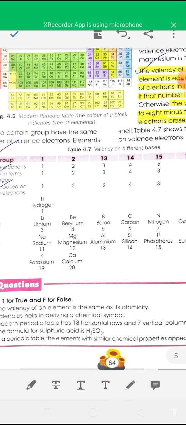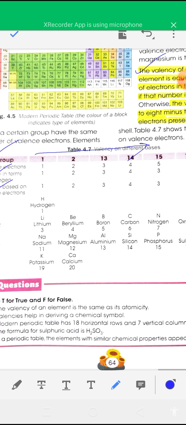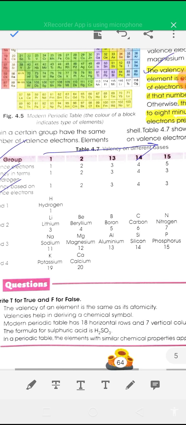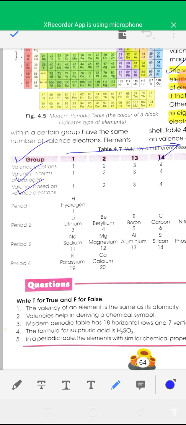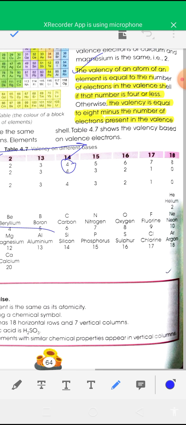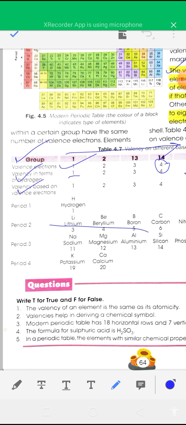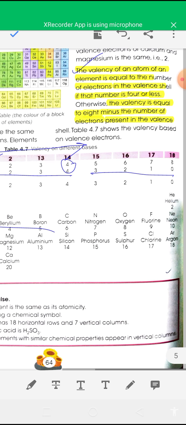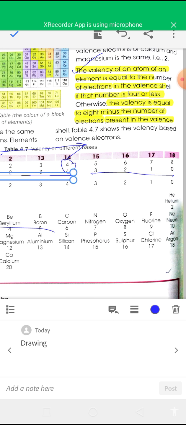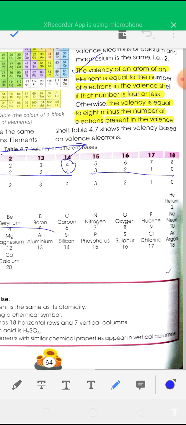In all those cases, you can see from group number 1 to 18, valency first increases from group 1 to group 14, that is from 1 to 4. Then from group 15 to 18, valency decreases again from 4, 3, 2, 1, to 0.